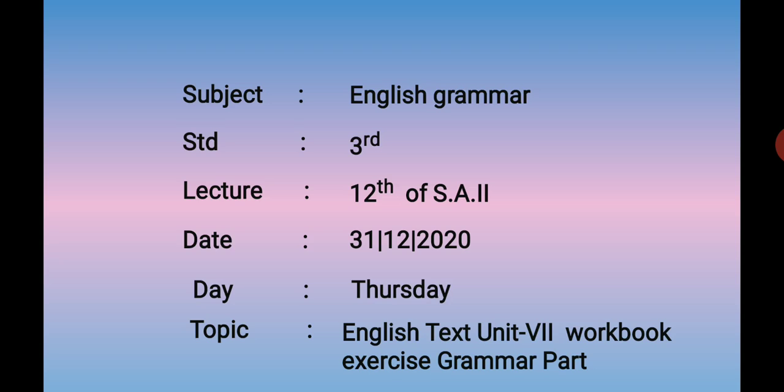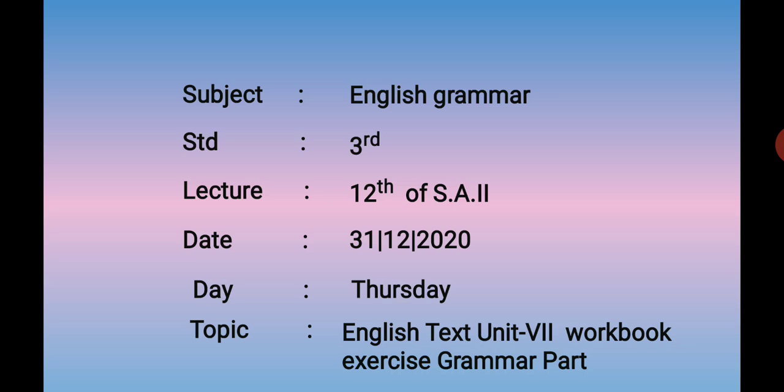So, everyone, take out your English grammar workbook, English text workbook and open Unit 7 grammar part exercise question number 5. Put the date of today and write CW. I am repeating again.